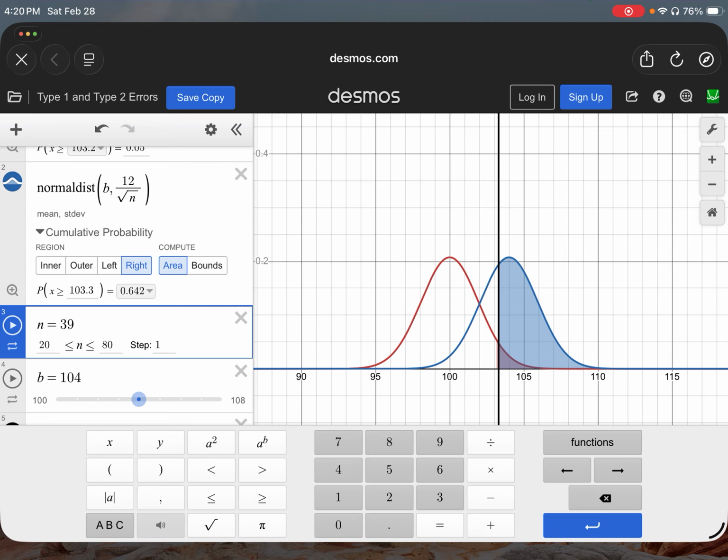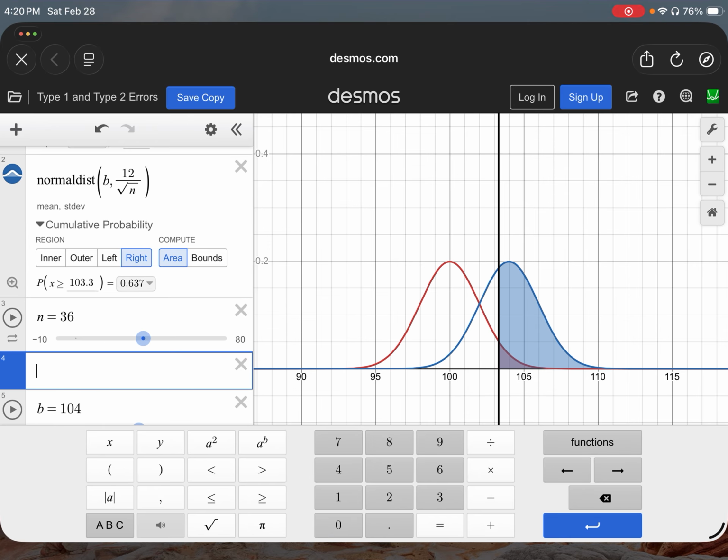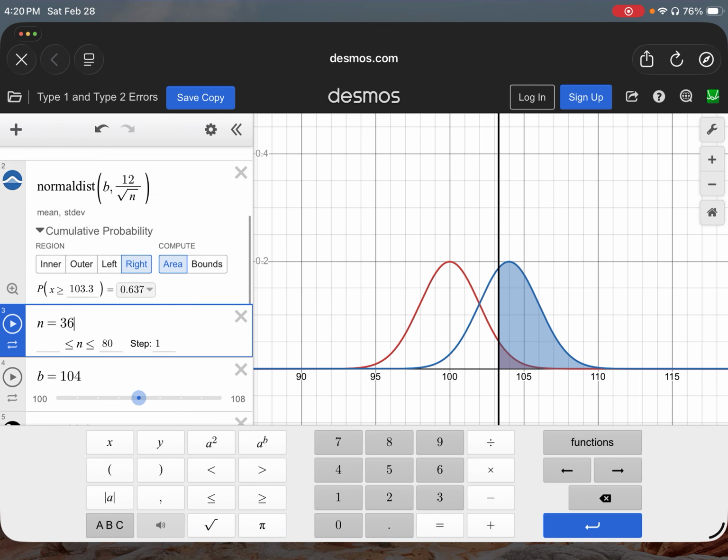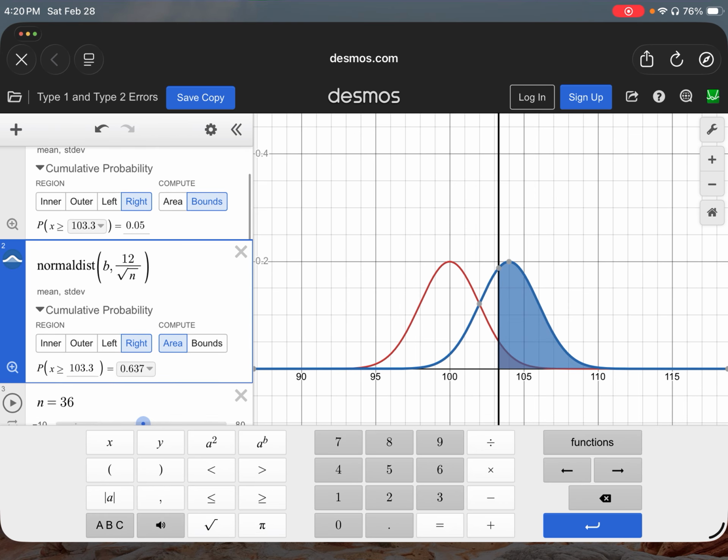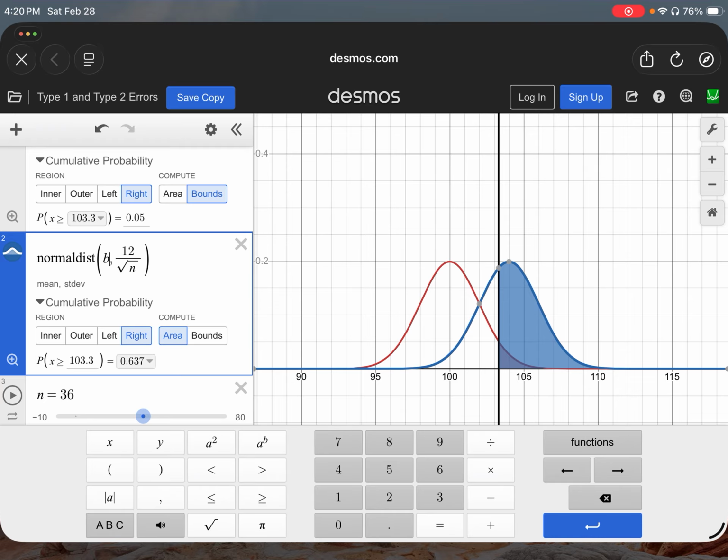For the blue curve, I put B. In the picture, I set B to 104. So again, I'm saying if the null is wrong, if it's not the red curve, it's the blue curve.